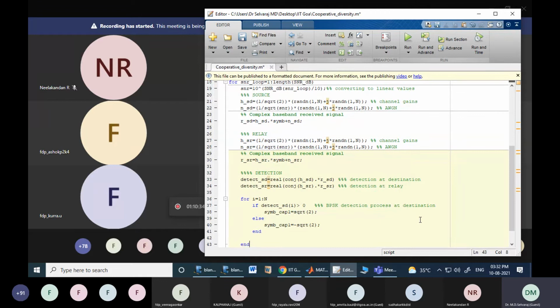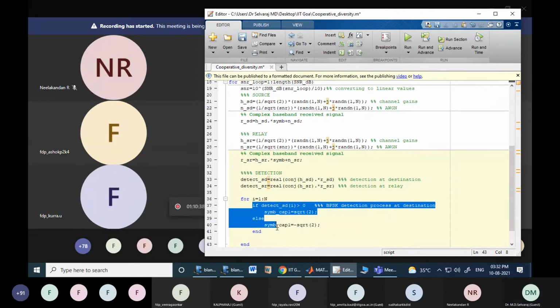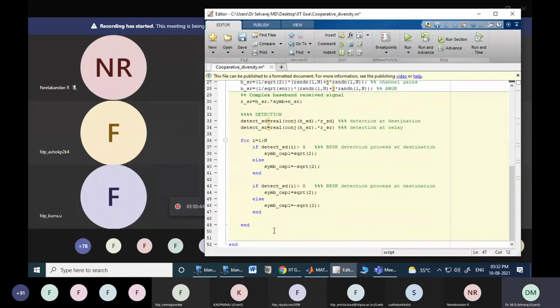Now the same thing I have to do for the relay case. The relay case also I have to find out, so I'll just copy this. Detector symbol, so RSR. This is a BPSK detection process at the relay.